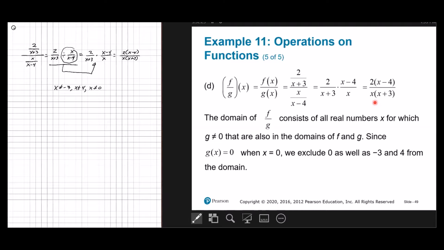And I can't use 4 simply because I'm dividing by the function g, which excludes the number 4. So this is my domain. I exclude another number from the real numbers for my domain.